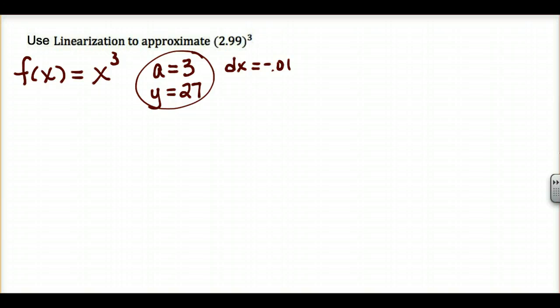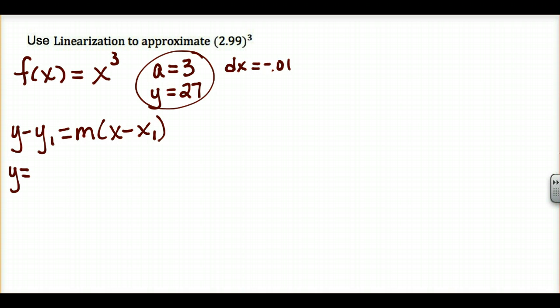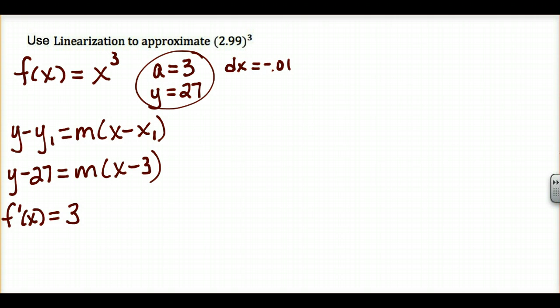So let's do that. We have y minus y1 equals m times x minus x1. We know y1 is 27. So y minus 27, x minus 3. And we have a derivative that we need, which is a pretty simple one. It's just 3x squared.